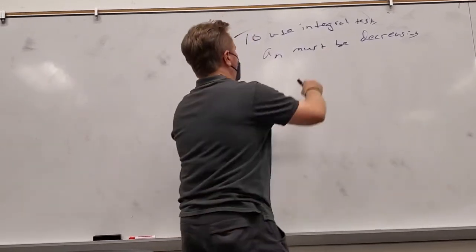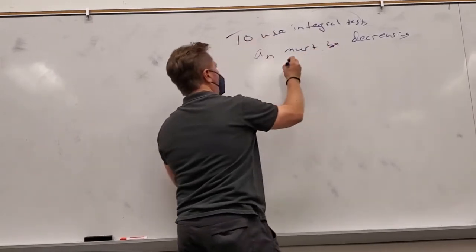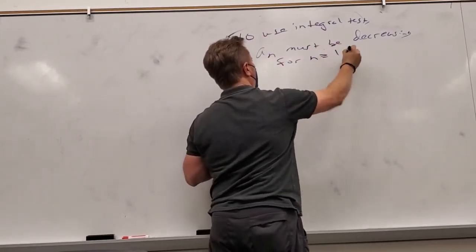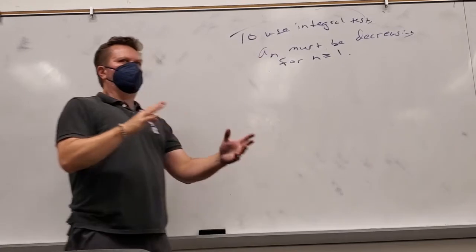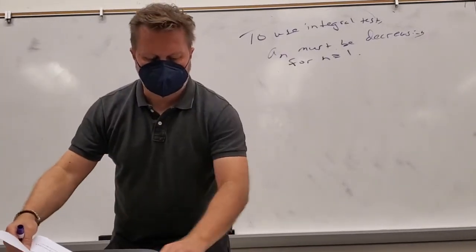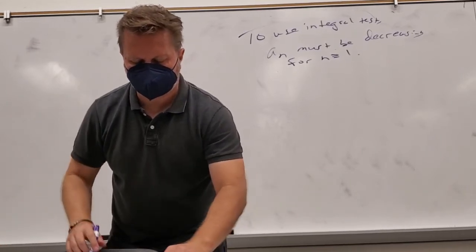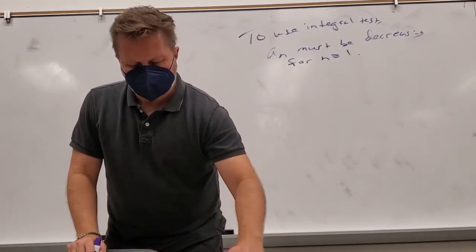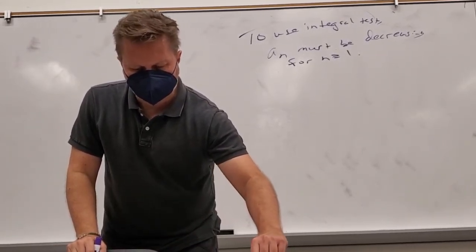Okay, sure. It must be decreasing for n greater than or equal to 1. So one part of the integral test is going to be showing that the thing they give me is actually doing that.